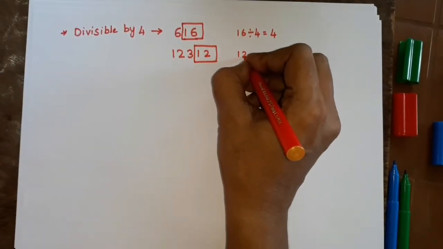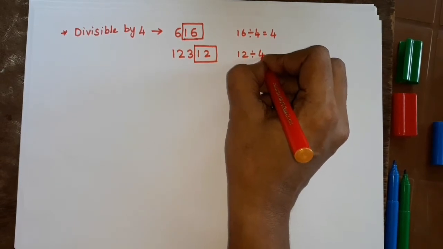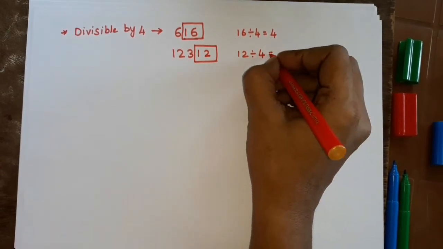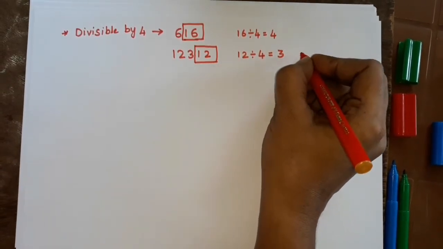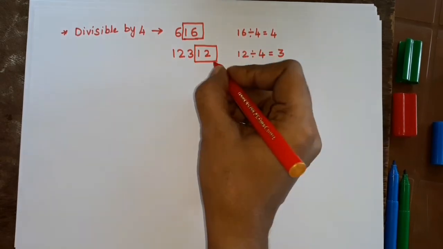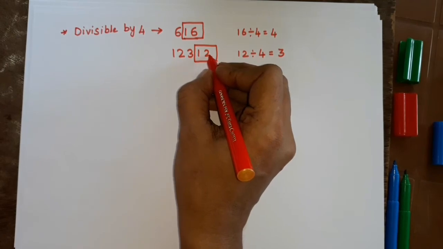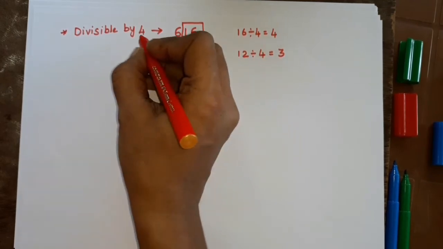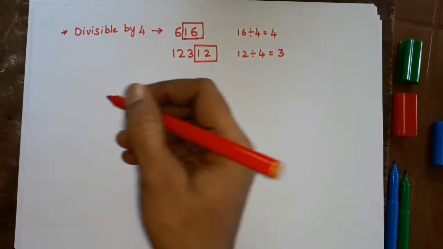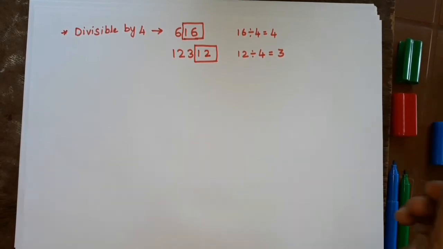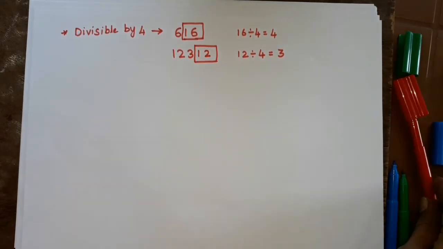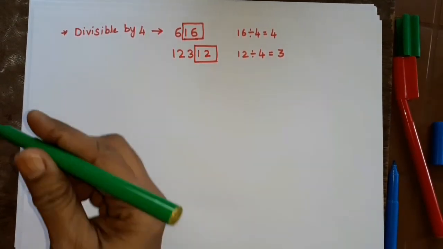Is 12 divisible by 4? Yes, which is equal to 3, and the remainder will be 0. So we can say that 12,312 is divisible by 4. Without actually dividing, that is the benefit of the rules of divisibility.